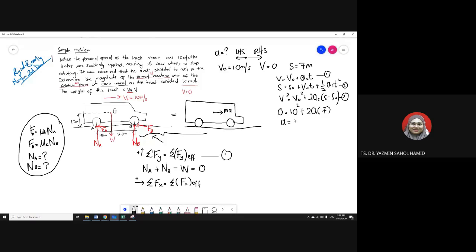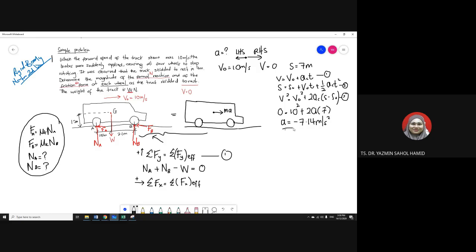What is your A? Quick. Zero is wrong. Negative 7.14 meters per second squared.